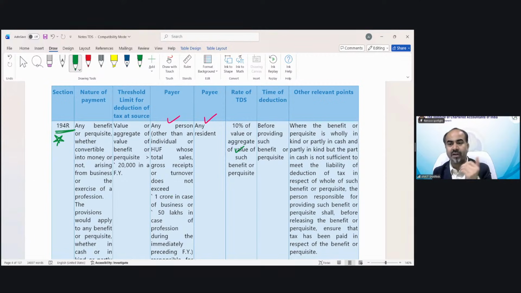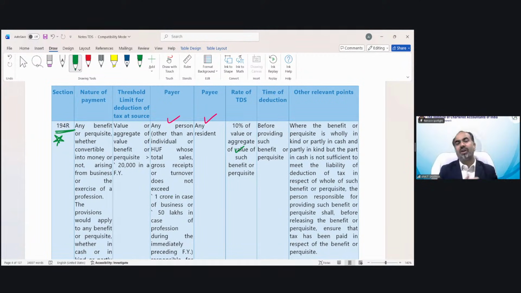TDS does fall under Section 192 there, but this is a case when a person is paying perquisite to a businessman. When I am receiving a perquisite as a businessman, not as an employee. Suppose I am carrying an agency business, any car showroom, an agency of Maruti cars.